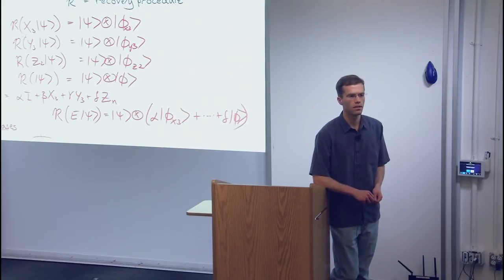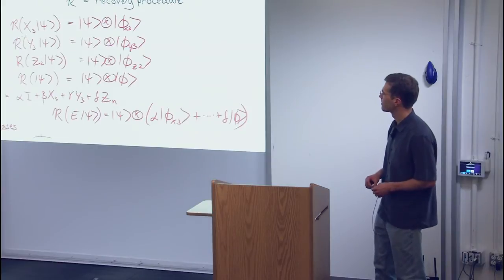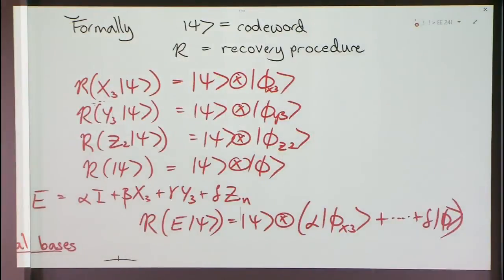So now I think I finally understood, but I don't understand one thing. On the left-hand side, the phi should not be the same phi as on the right-hand side, because that's the encoded phi, right? You are encoding psi. Here psi is the code word.